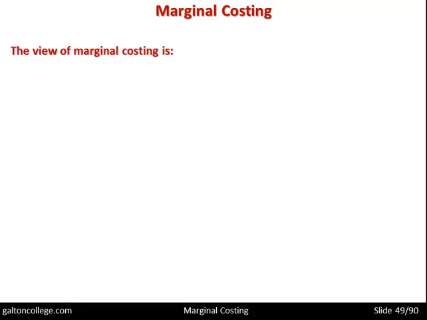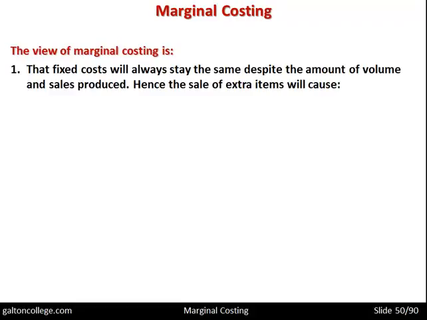Now the view of marginal costing is that fixed costs will always stay the same despite the volume and sales produced. Hence, the sale of an extra item will cause revenues to increase because more has been sold.